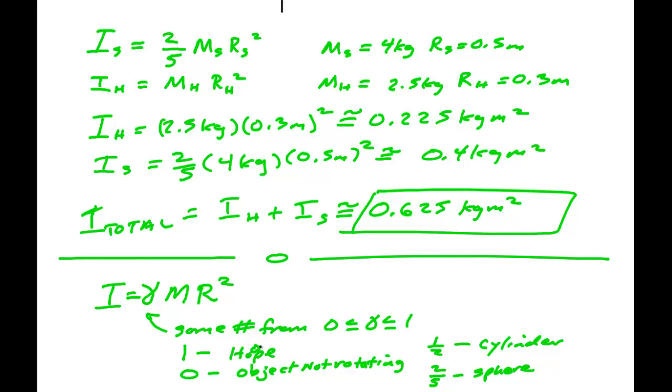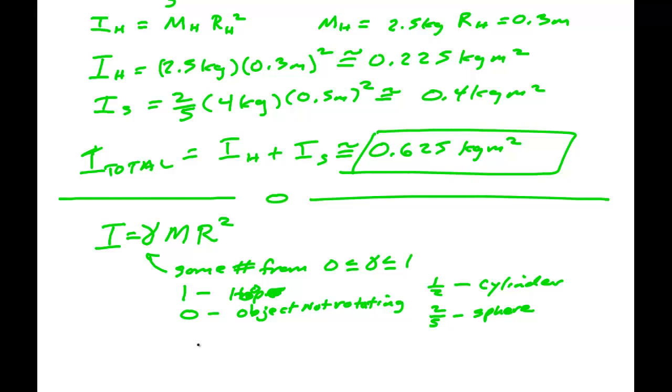And by the way, that should be a hoop, not a hope. And for instance, 1/12 m l squared for a bar or rod. It's an m l squared, but all of them have that shape.